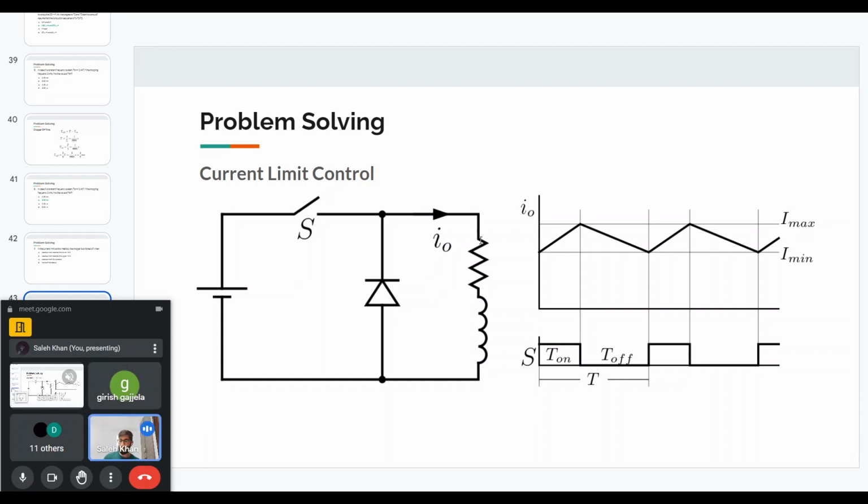So what was taught in the course, I think it was just that if we have a thyristor as the main switch, then we call it a chopper.